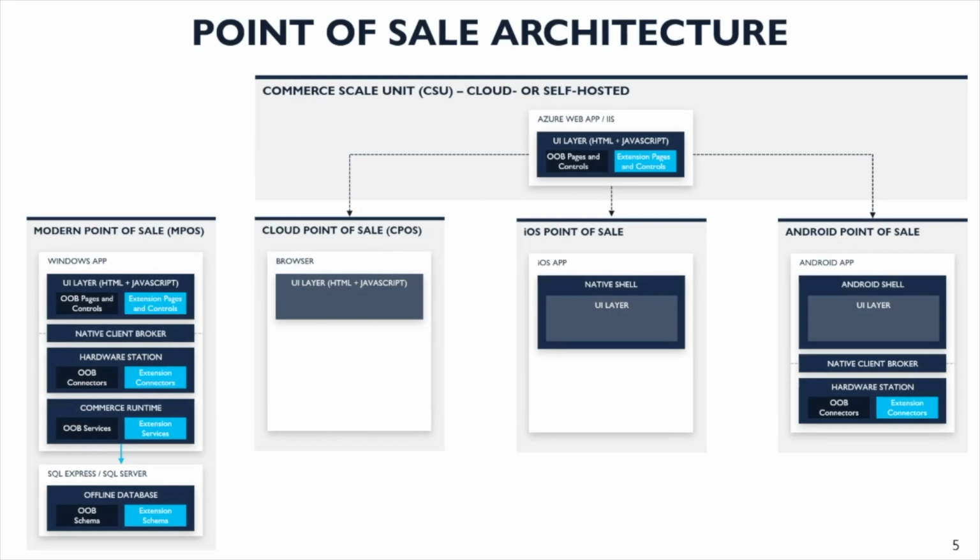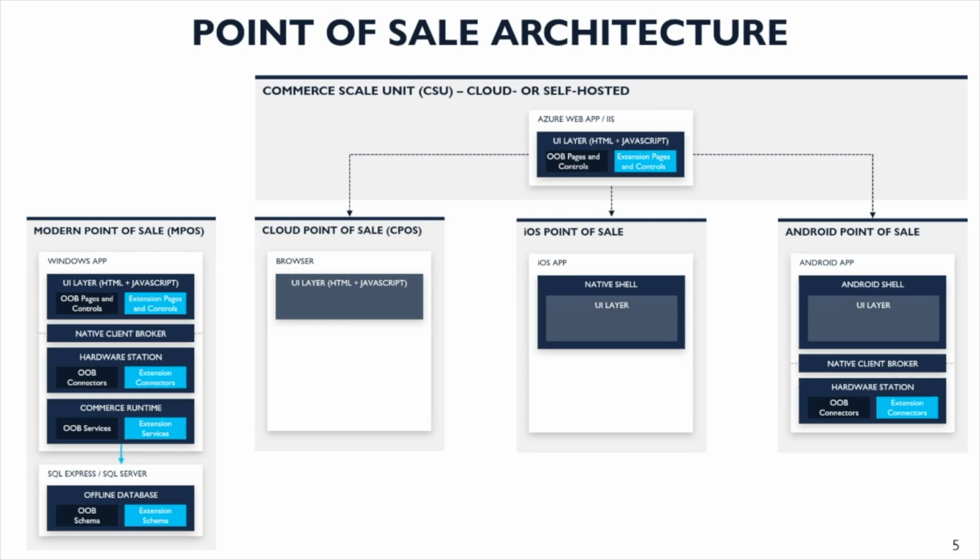Many of you already know point of sale. The overall architecture of point of sale has not changed much, but how you package and deploy, and how you develop, has changed a little bit with the new SDK. The first thing is the cloud point of sale, which is hosted in the CSU. Suppose you are a customer who wants point of sale fully deployed in the cloud, with no device setup and zero footprint, just opening the browser to run the point of sale application.